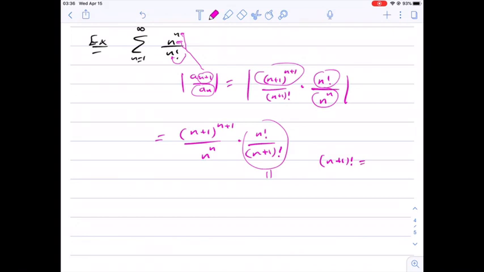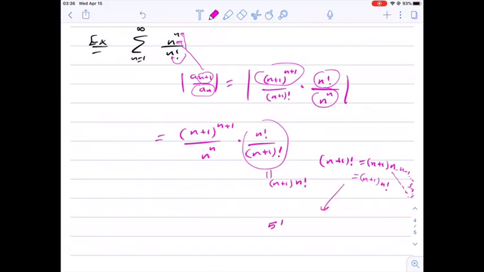For the factorial, we know that n plus 1 factorial is n plus 1 times n times n minus 1, up to 3 times 2 times 1. So we can rewrite this as n plus 1 times, instead of writing all these products, we just write n factorial. So this is n plus 1 times n factorial.